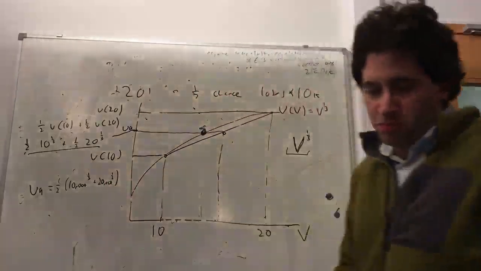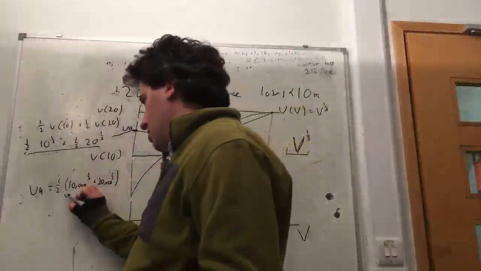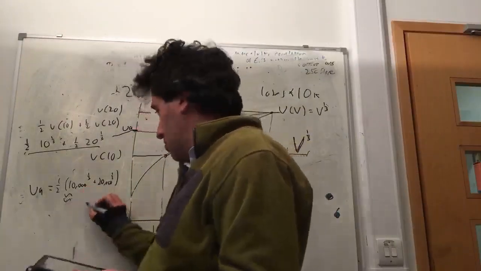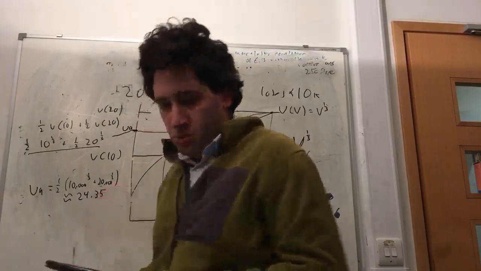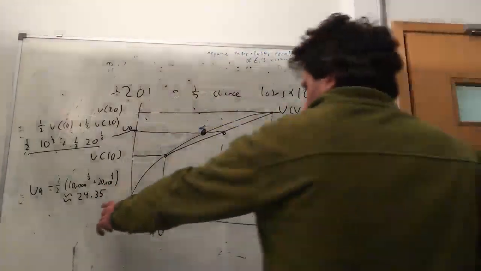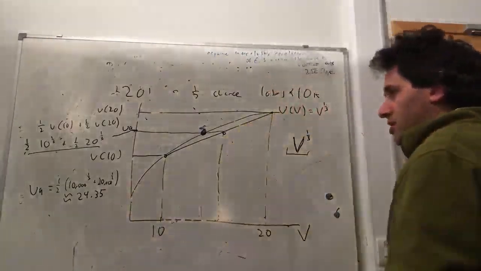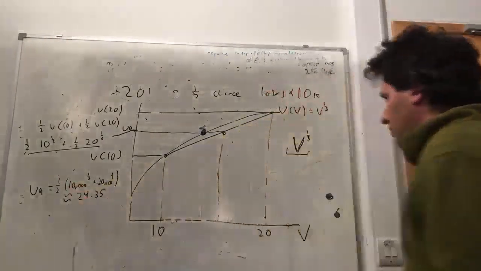And I can compute this approximately, let's say using a calculator. It's going to be approximately equal to 24.35. Okay, so now I need to say, what level of certain income do I need to get a utility of whatever this is, which is about 24.35?